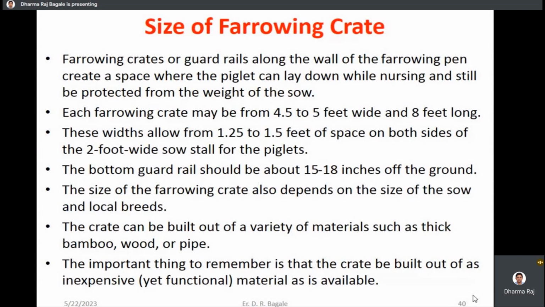So these widths allow 1.25 to 1.5 feet of space on both sides of the 2 feet wide stall for the piglets. This is the stall where piglets can play or run or lay down. The bottom guardrail should be about 15 to 18 inches off the ground.